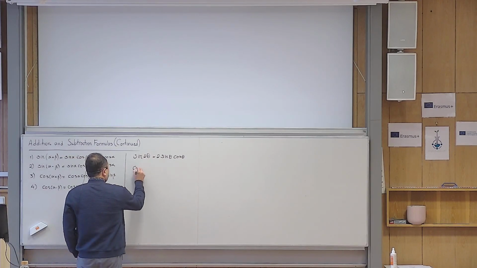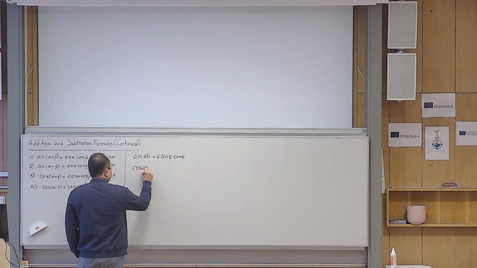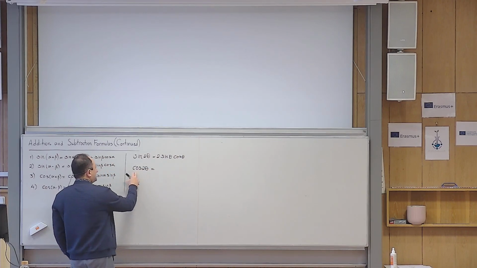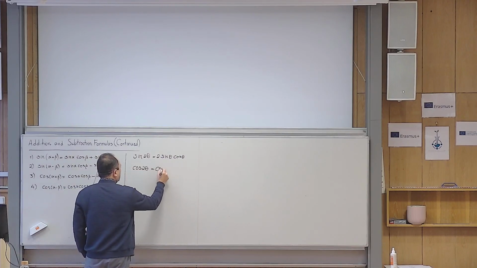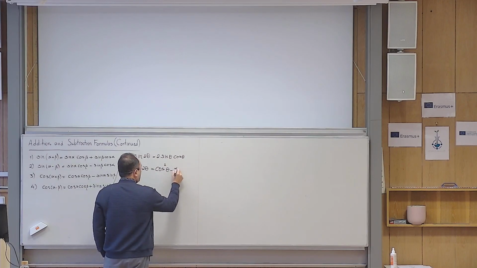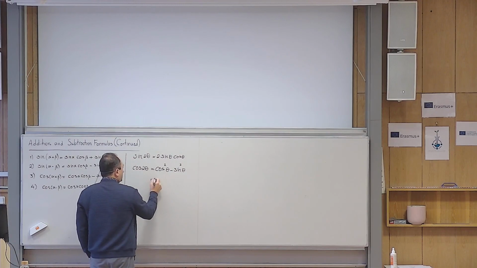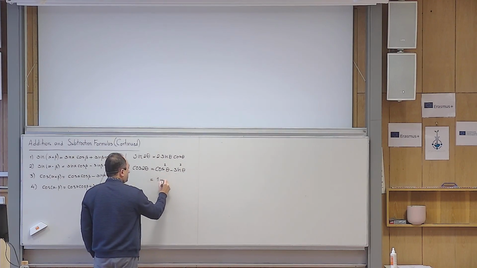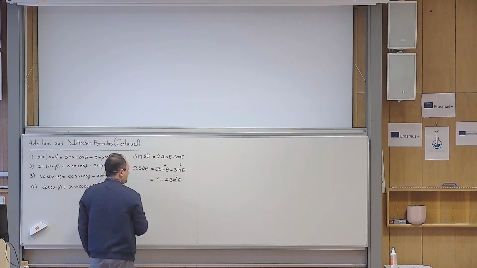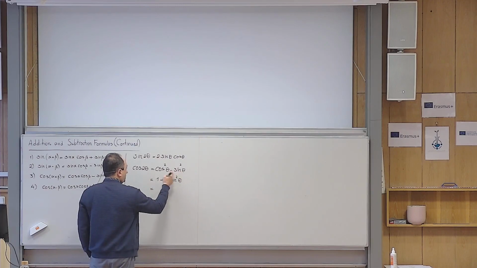For cosine, we had similar formulas. So it is cosine theta squared minus sine theta squared. But for cosine, we could eliminate cosine in favor of sine. We get another formula, which is this one. Yes, we can eliminate sine in favor of cosine.